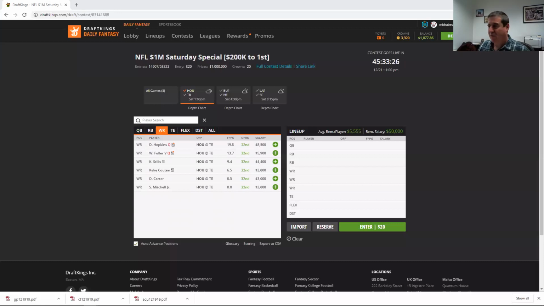So first of all, Edelman projects to be a much higher points-per-dollar play than Hopkins. In addition, he's projected to have only about half the ownership: Hopkins at 75%, or Edelman at about 35, 37%. To me, it's a no-brainer. I would start this thing with Edelman over Hopkins.